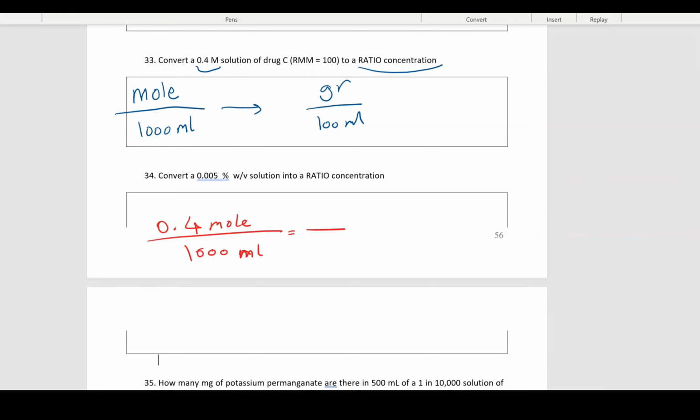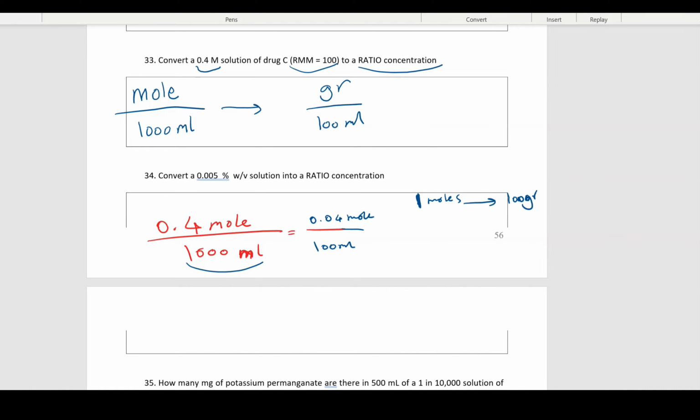I want to see how many moles are in my 100 mL. So it's 0.04 mole. One mole is equal to the relative molar mass, which is 100 grams.